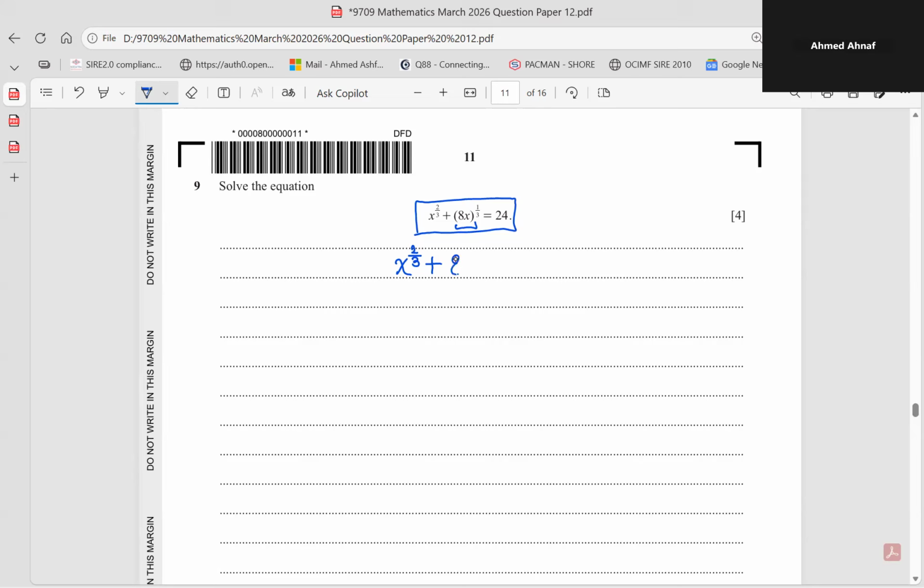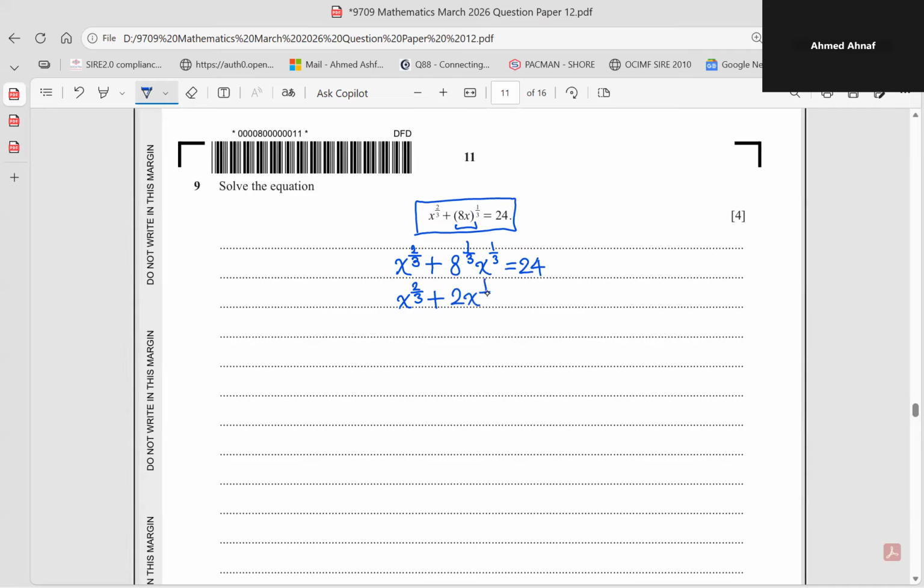So this is just going to be 8 to the power of 1/3 times x to the power of 1/3 equals 24. And simplifying, you will get x to the power of 2/3 plus 2 times x to the power of 1/3 equals 24.